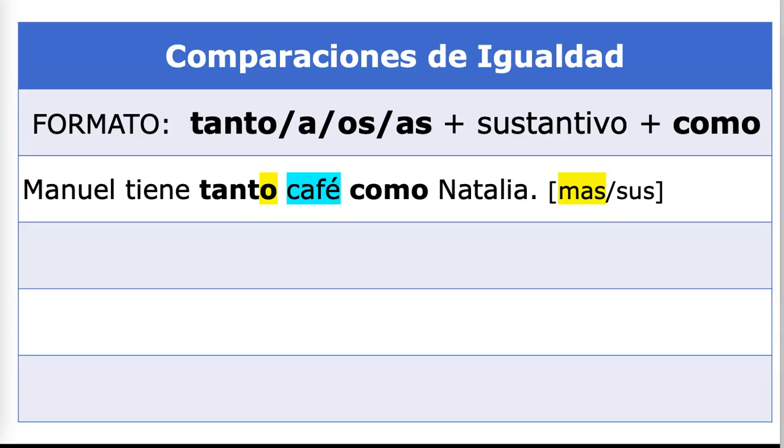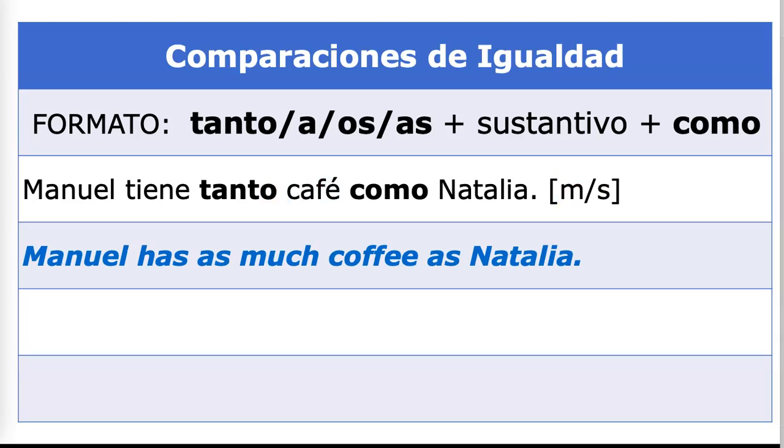Manuel tiene tanto café como Natalia. Now notice, café is masculine and singular. So you're going to be using tanto for café. Go ahead and translate that sentence. Manuel has as much coffee as Natalia.